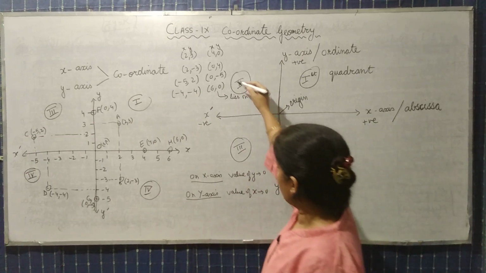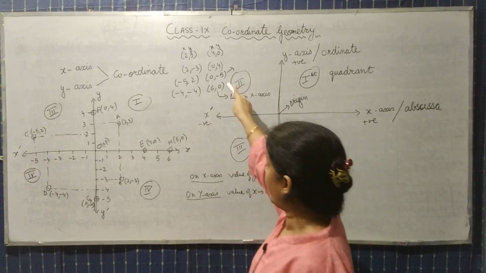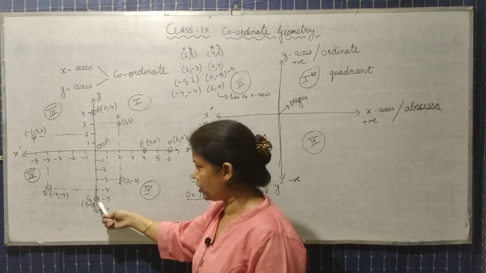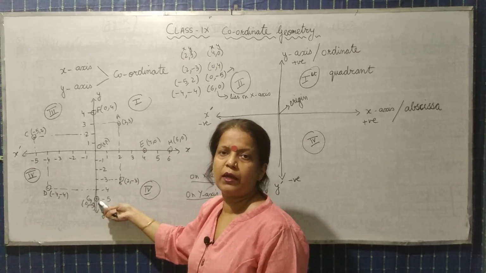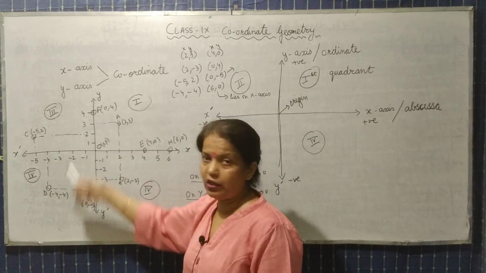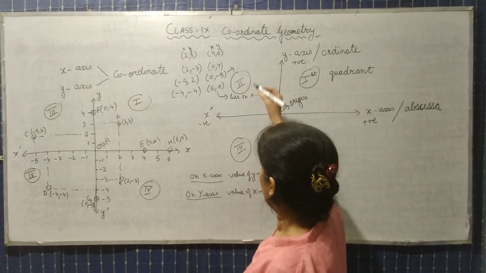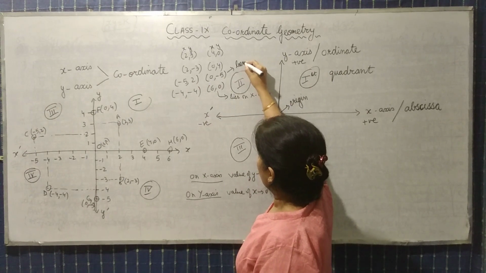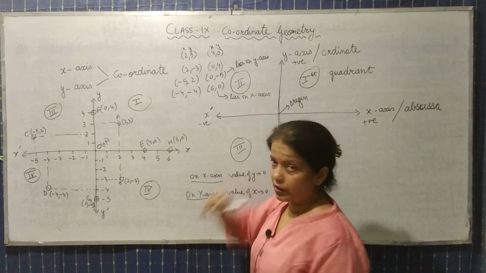ओके, अब इसको देखते हैं। हमने 0 और -5 प्लॉट किया था, y वैल्यू इज -5. In which quadrant does it lie? It does not lie in any quadrant, किसी क्वाड्रेंट में नहीं आ रहा, but it lies on y axis. Have you got it?